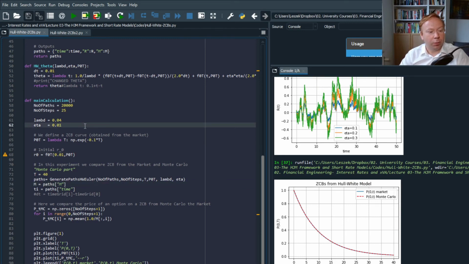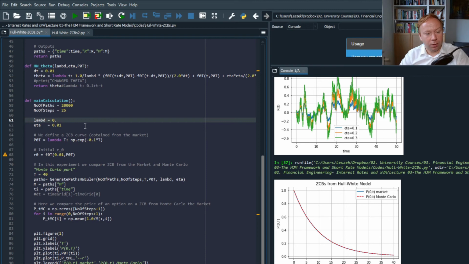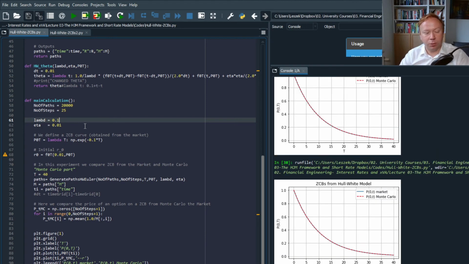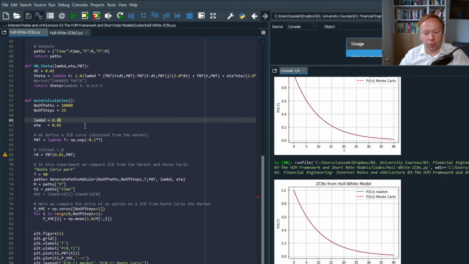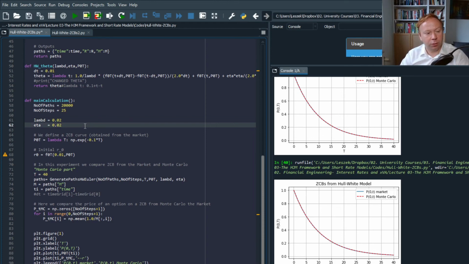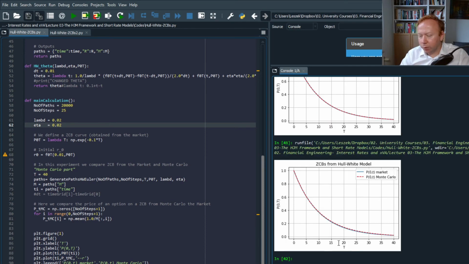Now we can also change parameters. We can make the mean reversion, let's say, 10%. You see there is no impact; 20%, no impact whatsoever on the yield curve. If I change the volatility, let's make it 2 here, you see maybe there is a small deterioration in the quality.